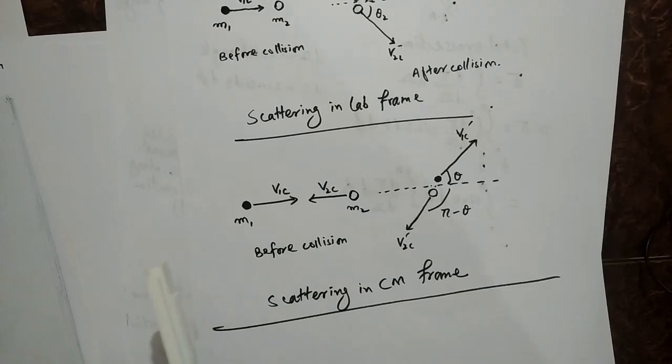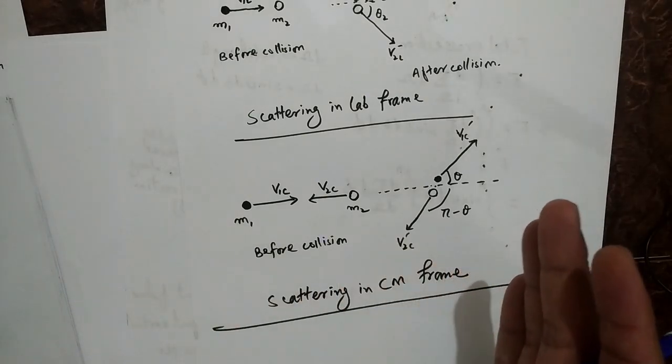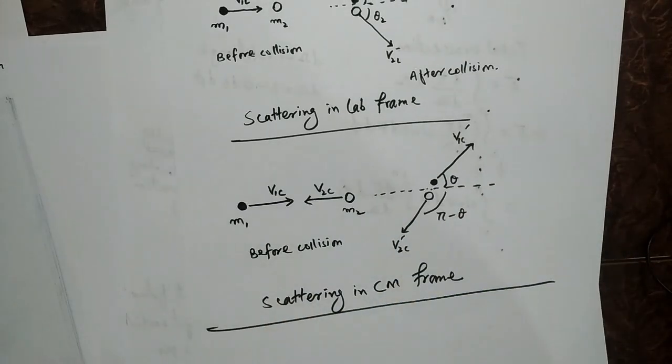Now, in order to verify our results, it is required to convert our results from one reference frame to another reference frame. Therefore, we are going to derive equations by which we can transform from one reference frame to another.